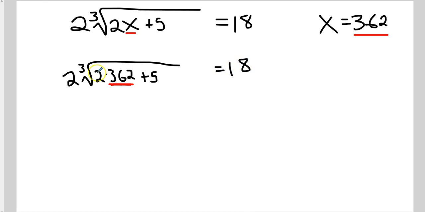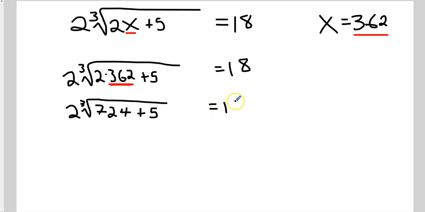Okay, let's simplify this. So we have 2 times 362 gives us 724, plus 5 is equal to 18. Add our 5 to it. 724 plus 5 will give us our 729.